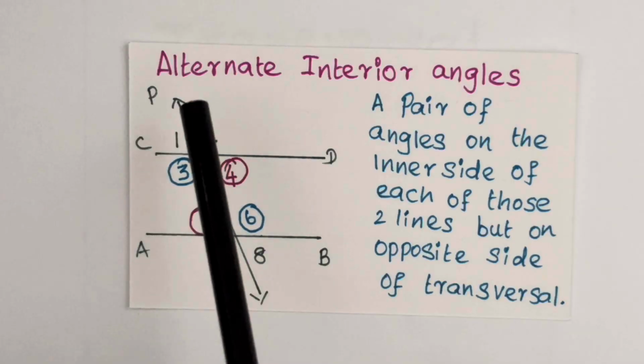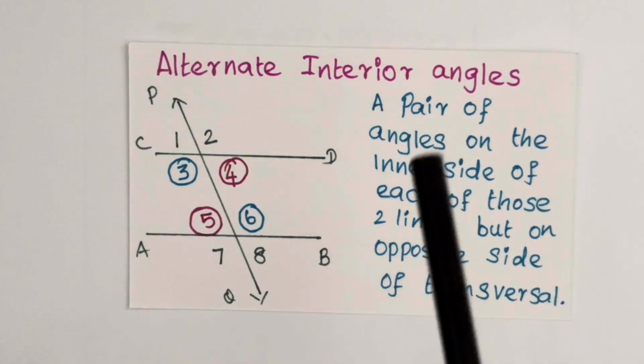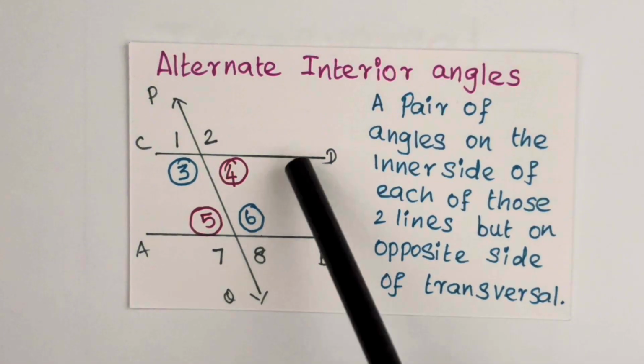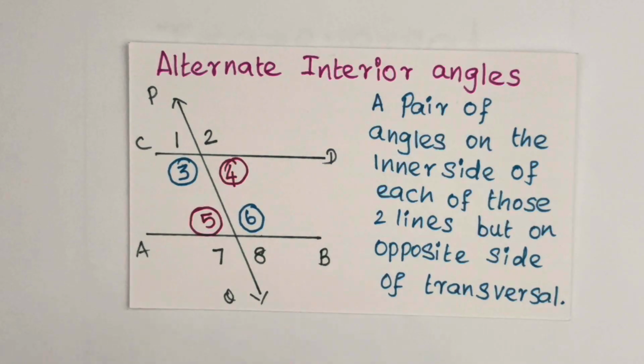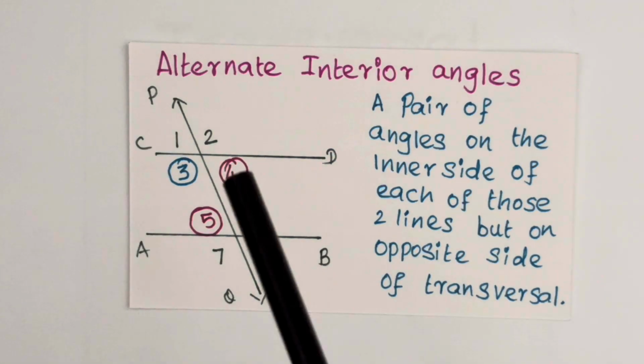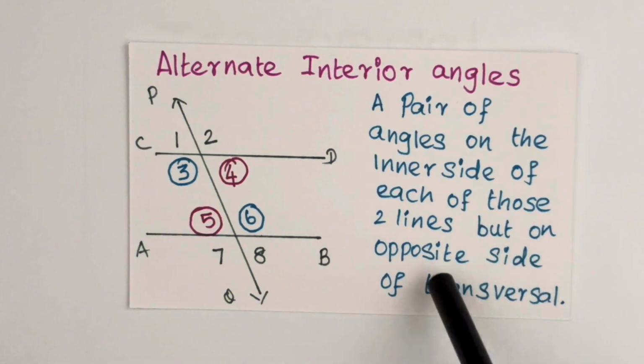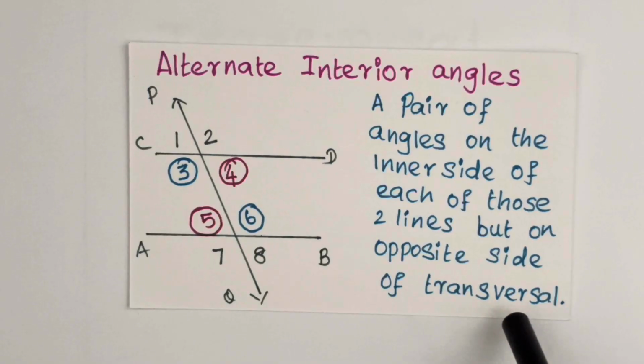The next angle is the alternate interior angle. We already learned that interior angles lie inside the two main lines. Then what is an alternate interior angle? It also lies on the inner side, but on the opposite sides of the transversal.